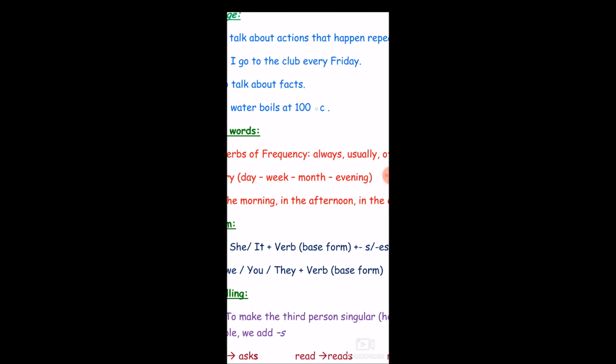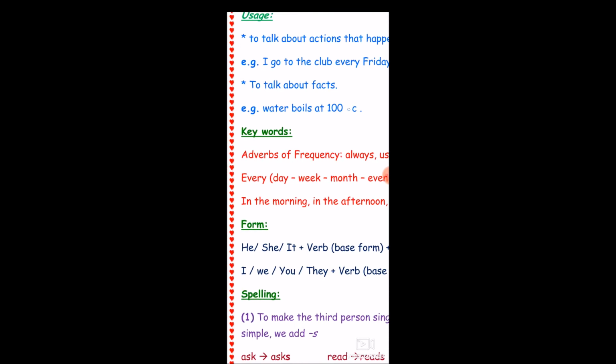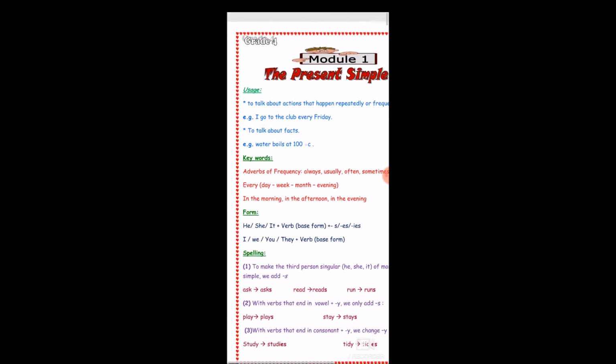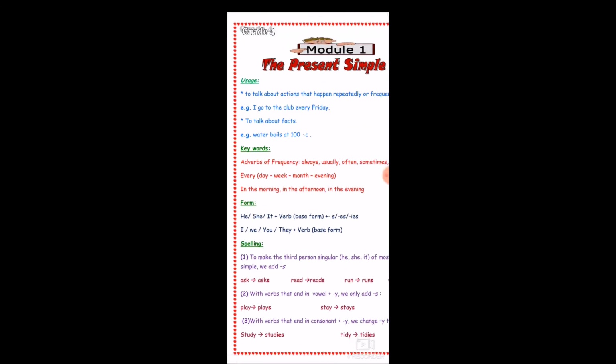Any time expression consists of every and a time period. And also we use the present simple with expressions like in the morning, in the afternoon, and in the evening. So this is the usage and the keywords.